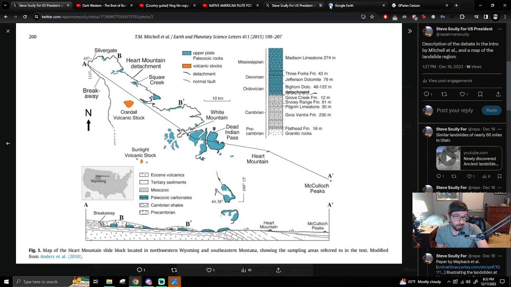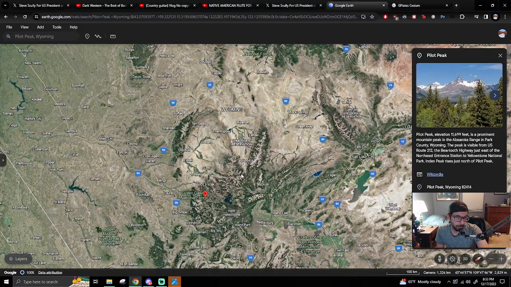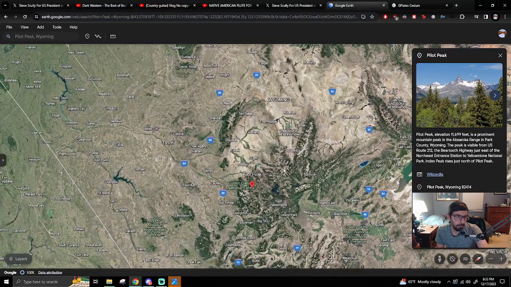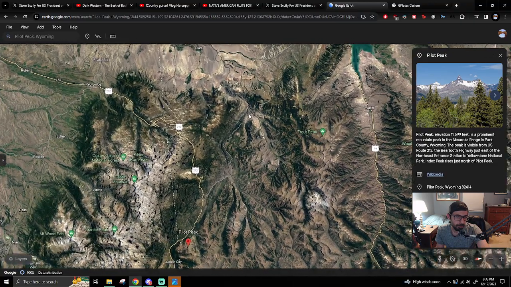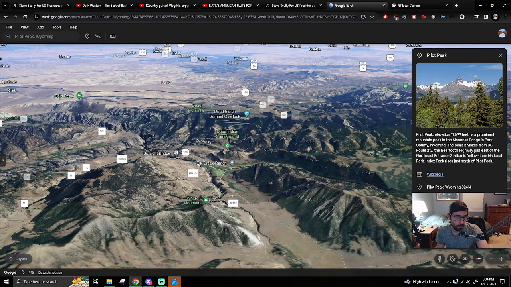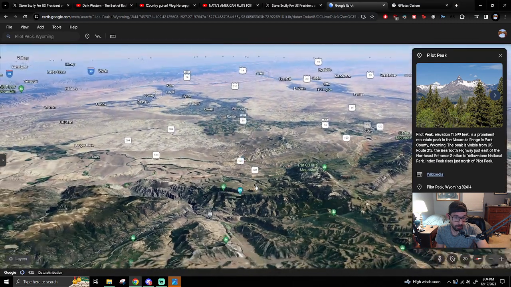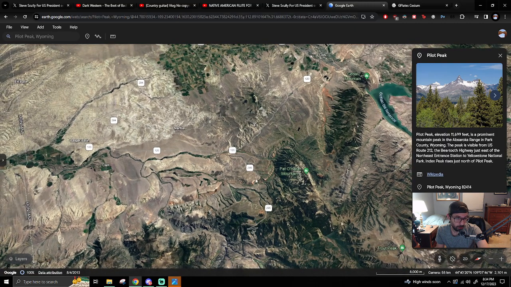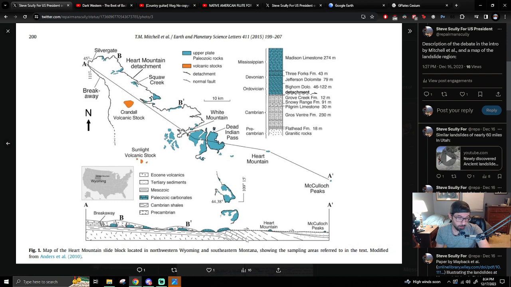So it even went up a ramp here in this area. It ramped up and went to its present location, but through a ramped area, which is what that is, basically. And then McCullough Peaks moved further over here.